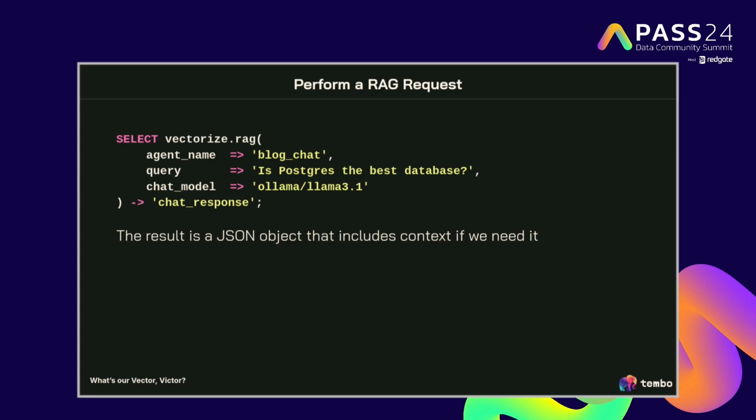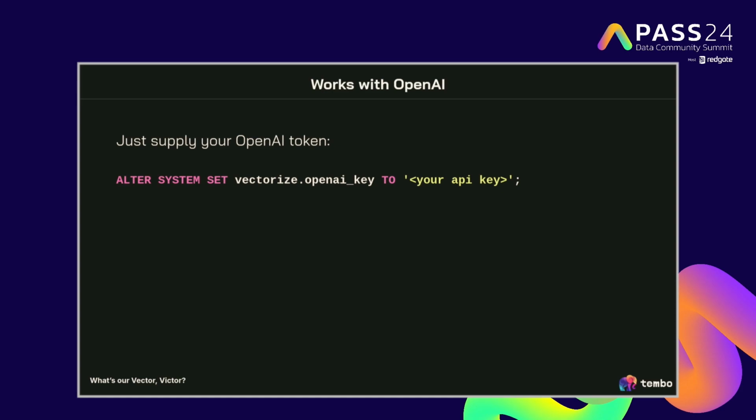And then in this case, we return a JSON object, which includes the sources that it found, which ones were the best match, so that we know what we fed the LLM. And it also comes back with a field called chat response, which I've just pulled out here, and that would be the answer. Because it's just a Postgres JSON thing, which is great. We all love Postgres JSON. And all you need to get it to work is, like I said, give it an OpenAI token, and you're done.